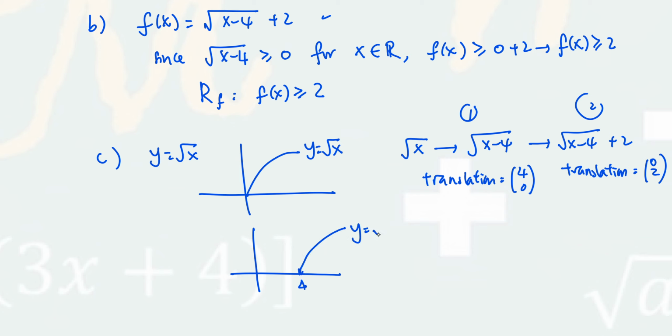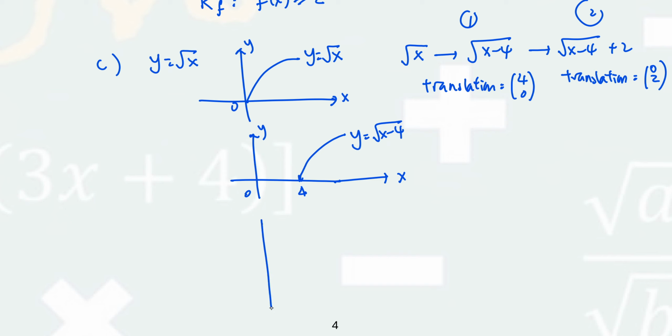This is my y equals square root of x minus 4. Then I move up the whole graph by 2 units. That means instead of touching at the x-axis, now it touches at 2, still 4 here. So my point has been moved up. This is my graph.